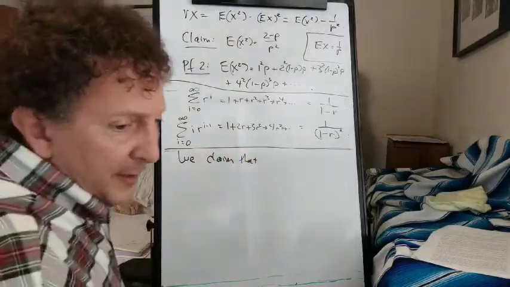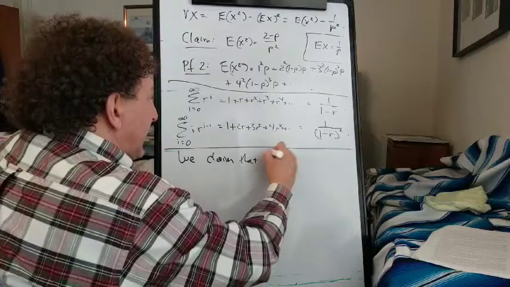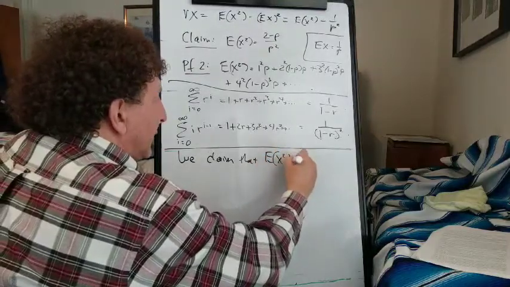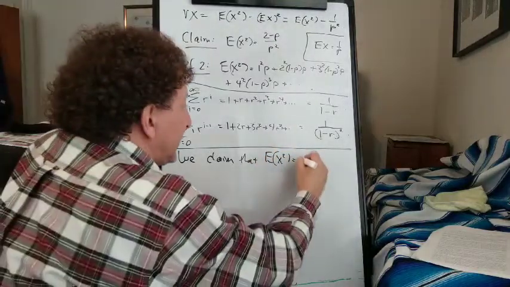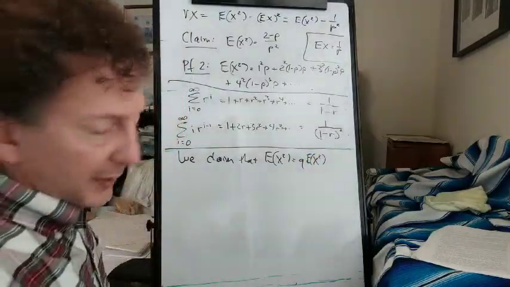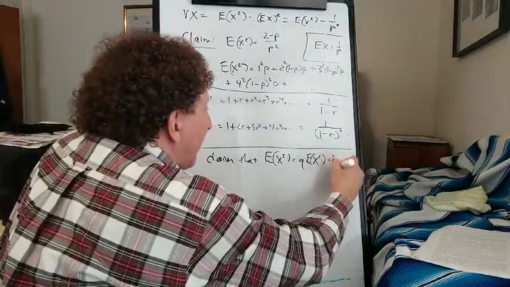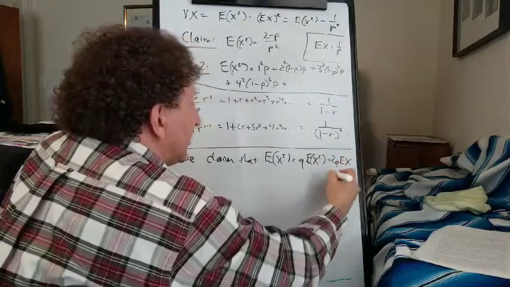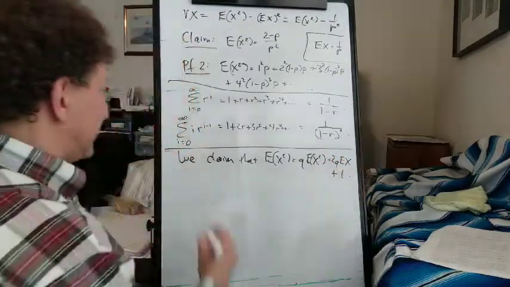But we claim that the expected value of x squared equals q times the expected value of x squared plus 2q expected value of x plus 1.